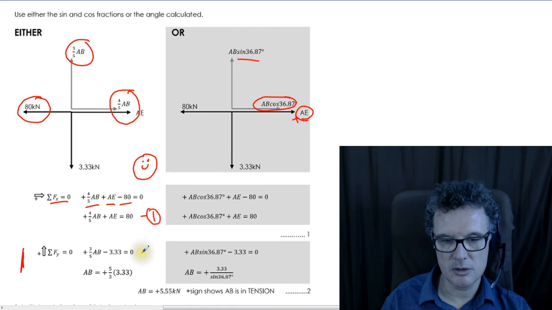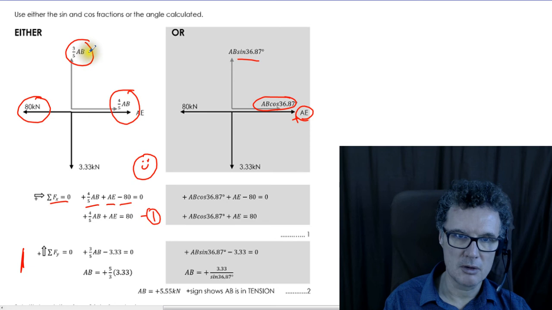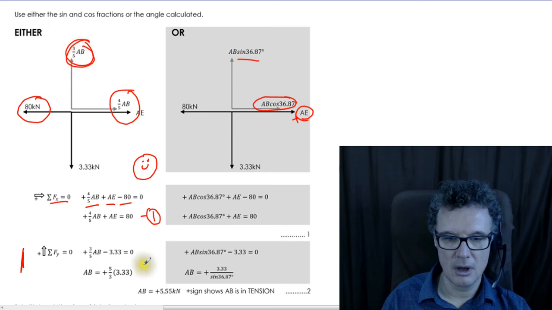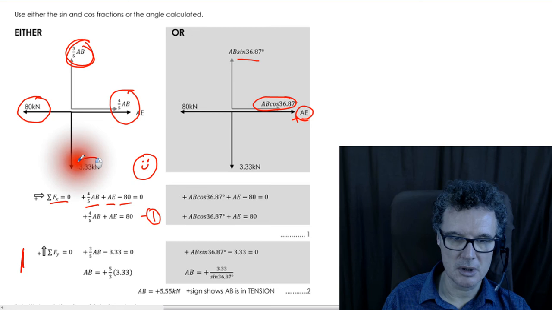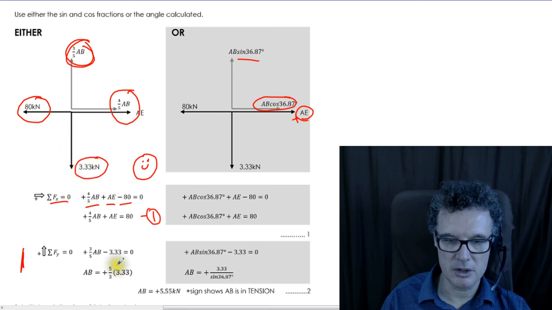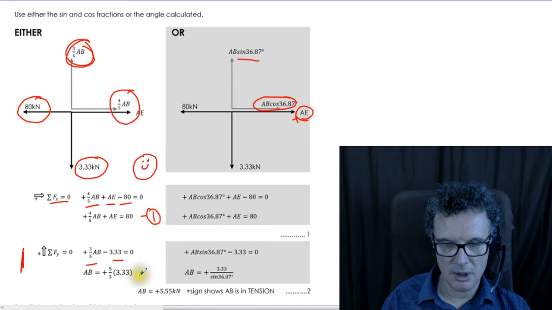Then I'm going to sum up the forces in the y direction. So I've got 3/5 AB going in the y direction. And then we've got this going in the negative y direction, so we've got this term and this term. Rearrange this, and that will give us that AB is 5.5.